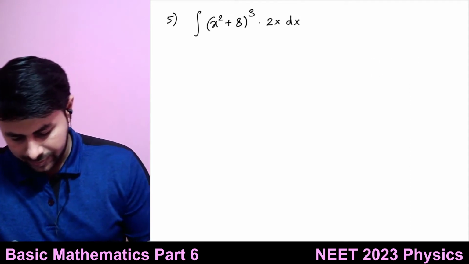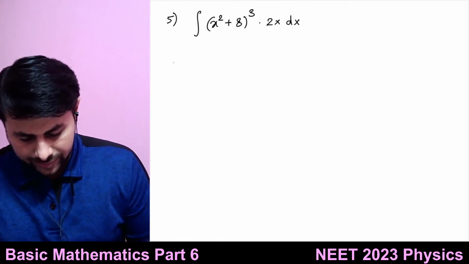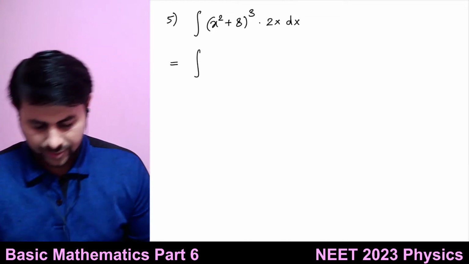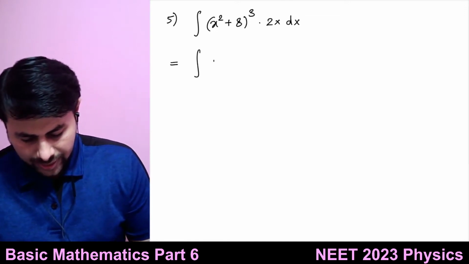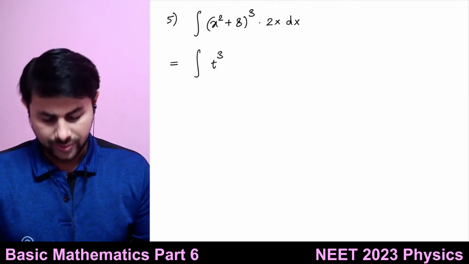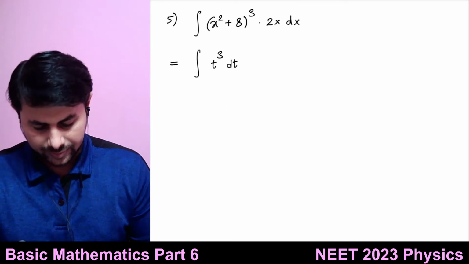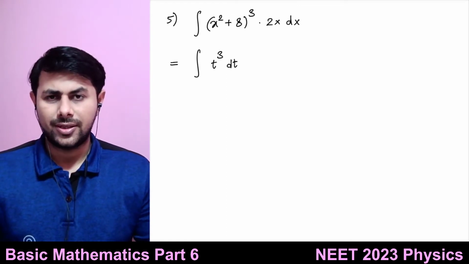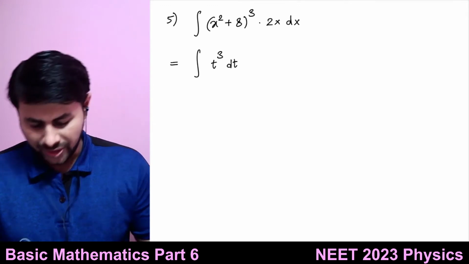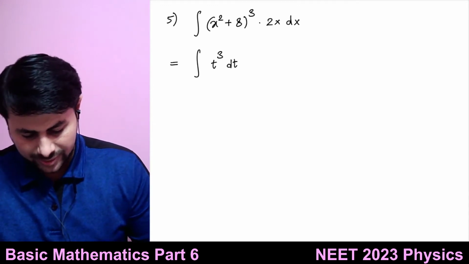So let's solve this. What do I get? The integral of this thing will be t raised to 3 dt. Clear? What I'm doing is substituting.